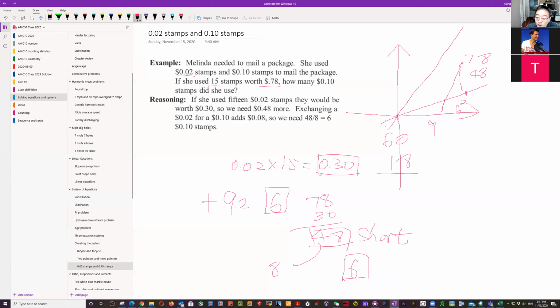Either way, you can go up or go down, it's still about the same. It looks like cheating the system, but it's not cheating. It just interprets the problem in a different way that makes common sense and is much quicker.